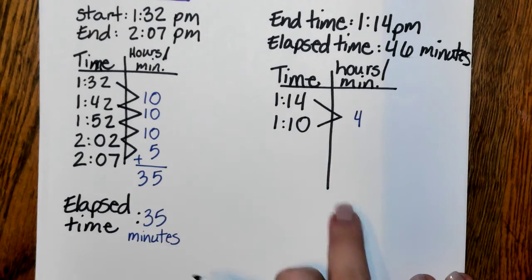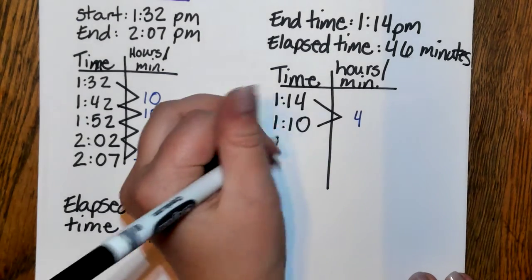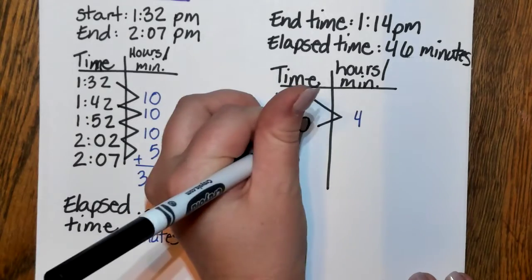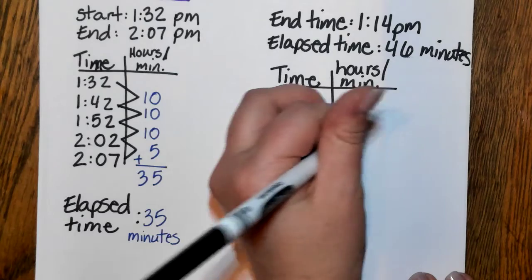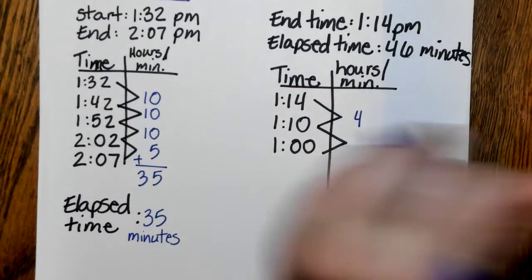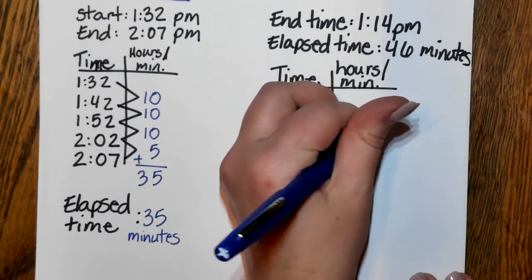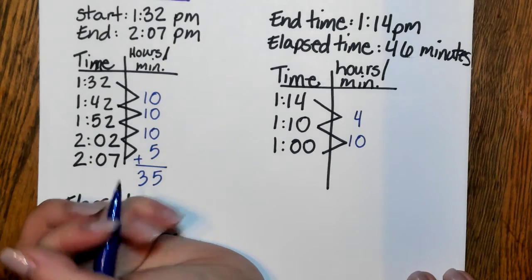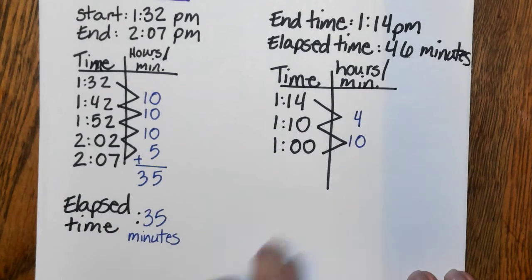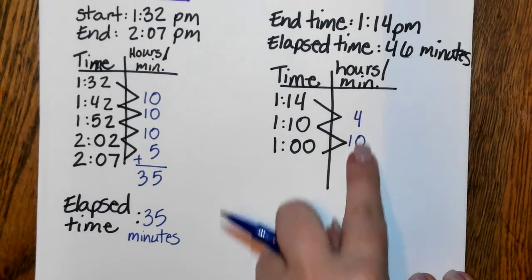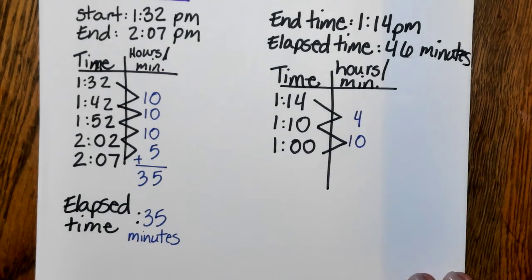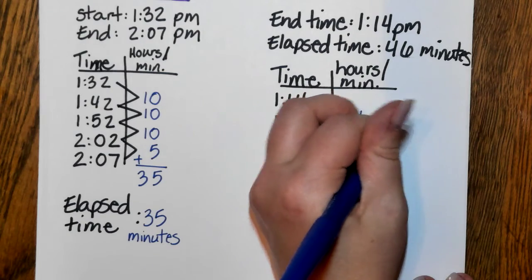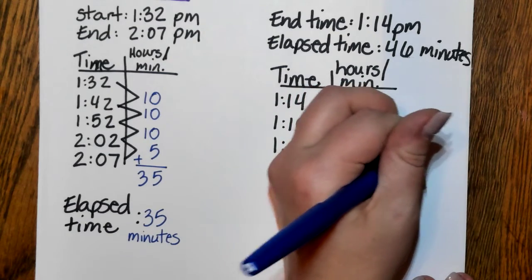Now I can jump back 10 minutes. As I go, I need to be keeping track of how many minutes have elapsed. I have to make it to 46. So far, I have 14.